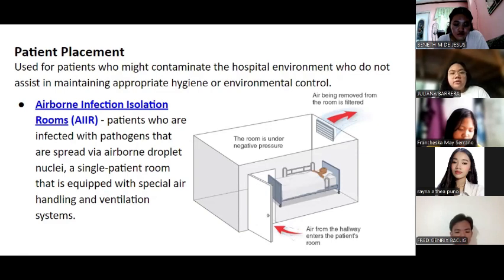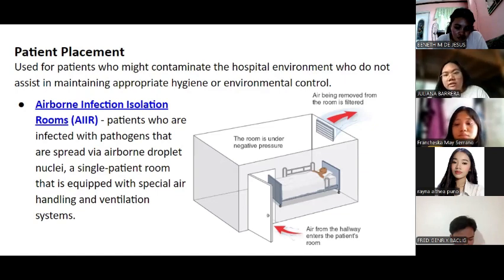These types of rooms are under negative pressure to prevent room air from entering the corridor when the door is open. And air that is evacuated from such a room passes through HEPA filters, or high-efficiency particulate air filters, to remove any pathogens. So to reiterate, AIIRs are under negative pressure, and air that is evacuated from these rooms passes through HEPA filters.